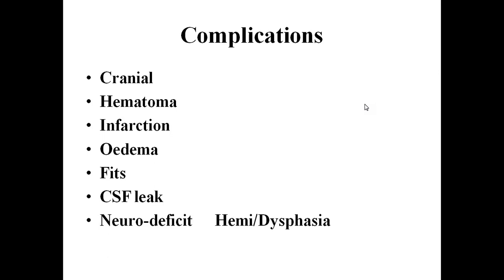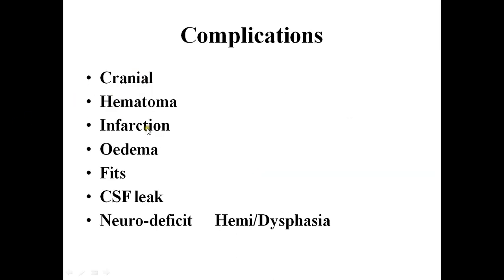These complications should be explained to the patient and the relatives. And whenever there are complications, we should always be there to manage them, because the management is very important for the prognosis. So in the cranial cavity, when we are going to operate on the tumor, the patient can have post-op hematoma.